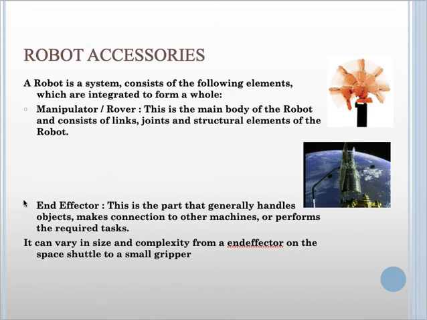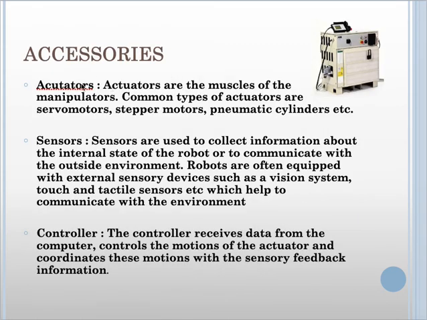Other accessories are actuators. The actuators are the muscles of the manipulators. Common types of actuators are servo motors, stepper motors, pneumatic cylinders, etc. Sensors are used to collect information about the internal state of the robot or to communicate with the outside environment.